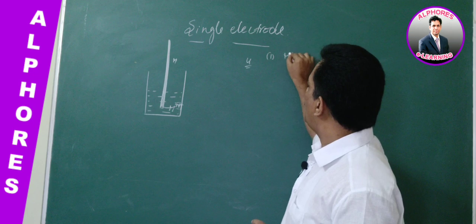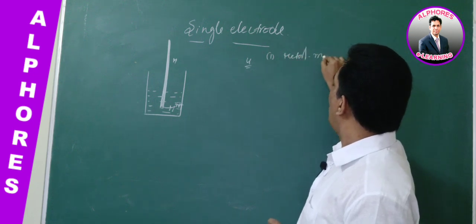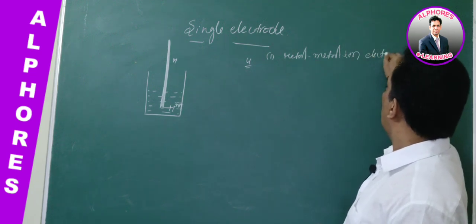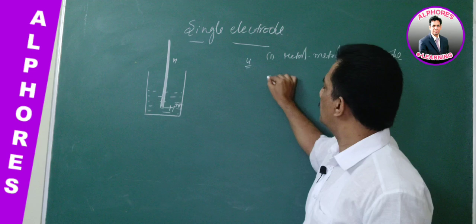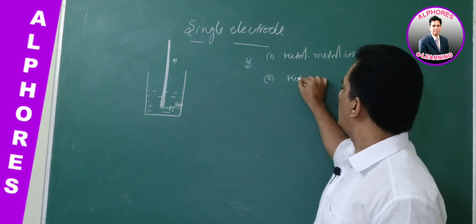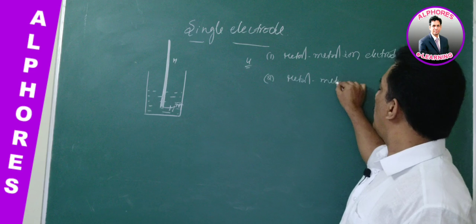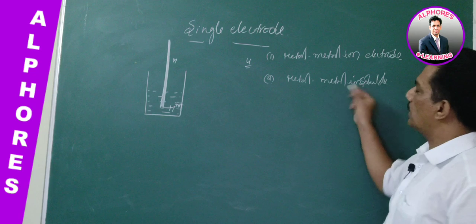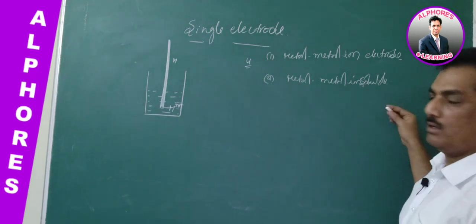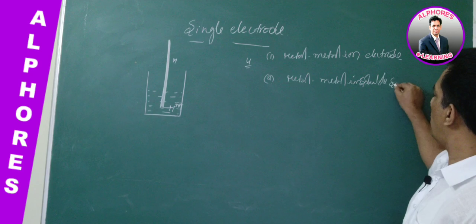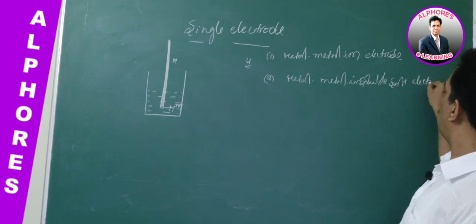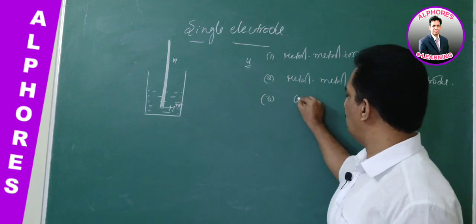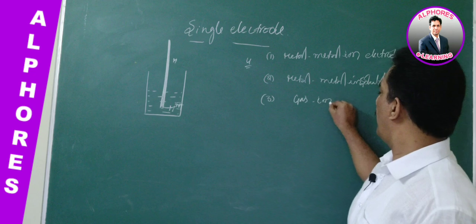One, it is metal ion electrode. And second one is metal insoluble salt electrode. Insoluble, or otherwise you can consider it as sparingly soluble. And third one, it is gas ion electrode.